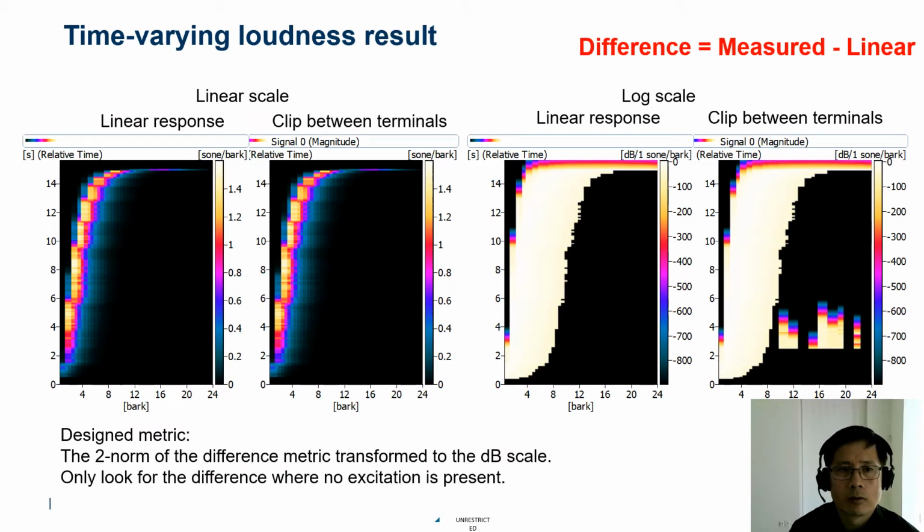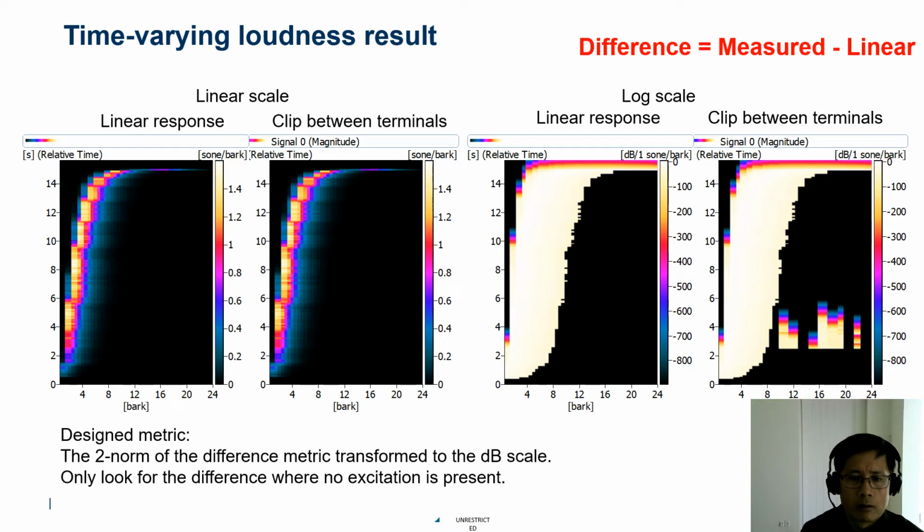As I mentioned earlier, loudness is the most important factor affecting perception of annoyance, and therefore making use of time-varying loudness is a good strategy to quantify a BSR event. What we have shown in this slide is the loudness spectrogram, which is the output of the time-varying loudness calculation.